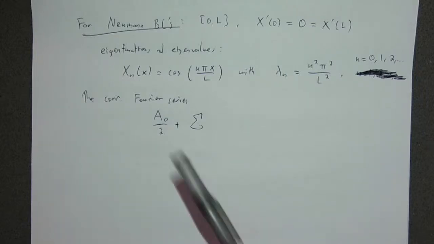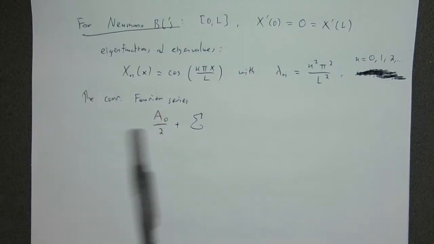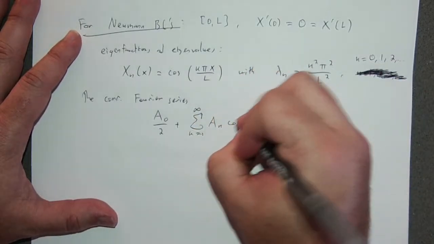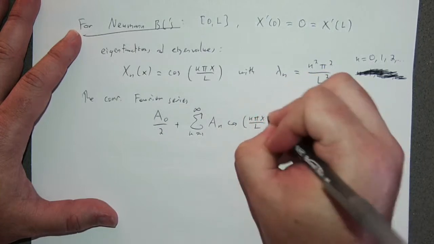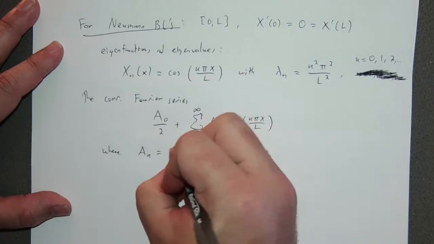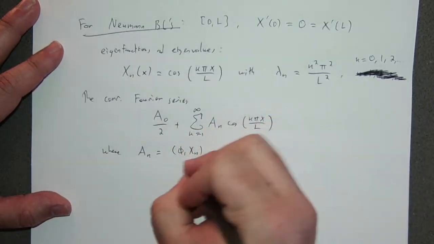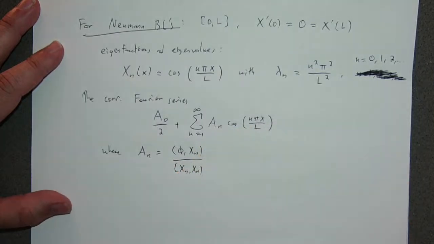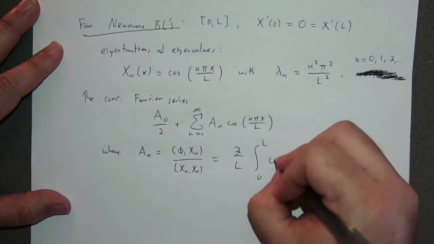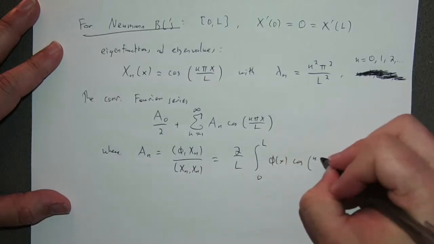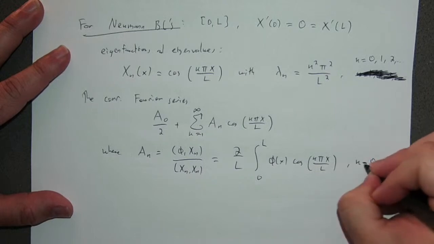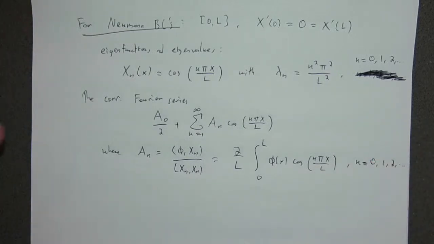I have a constant term pulled out, a naught over 2, plus the sum from n equals 1 to infinity of a sub n cosine of n pi x over L, where a sub n is again defined to be the inner product of phi with x sub n over the inner product of x sub n with itself, which is 2 over L times the integral from 0 to L of phi of x times cosine of n pi x over L, again indexed starting at 0. Which, of course, is our Fourier cosine series.